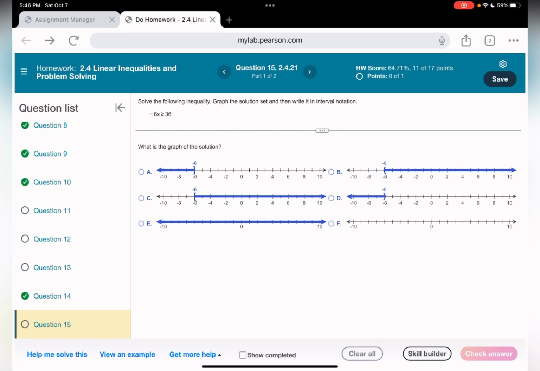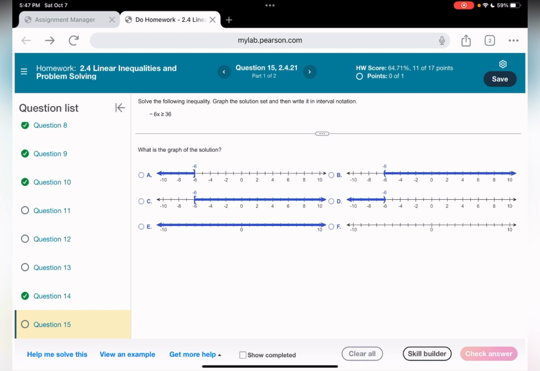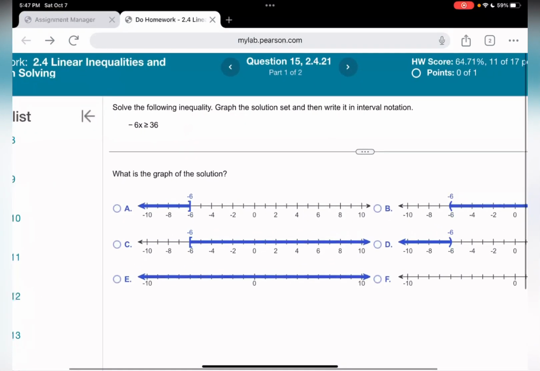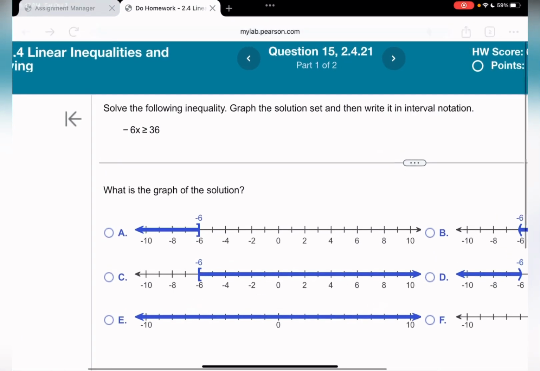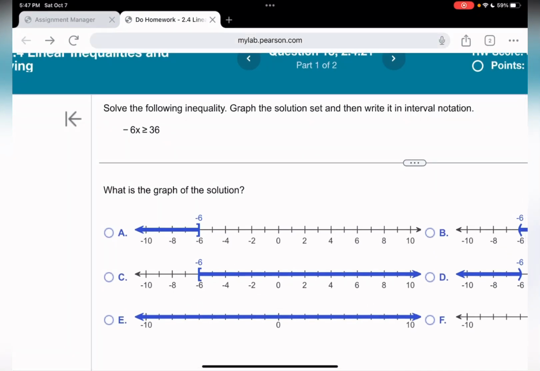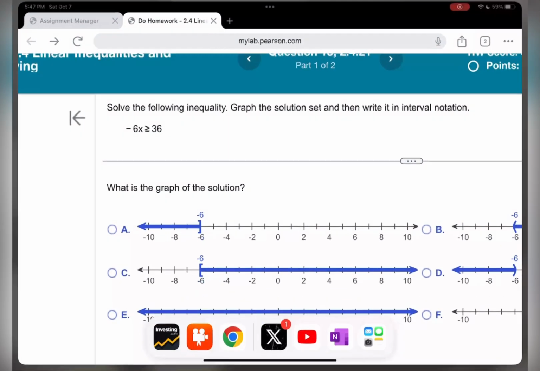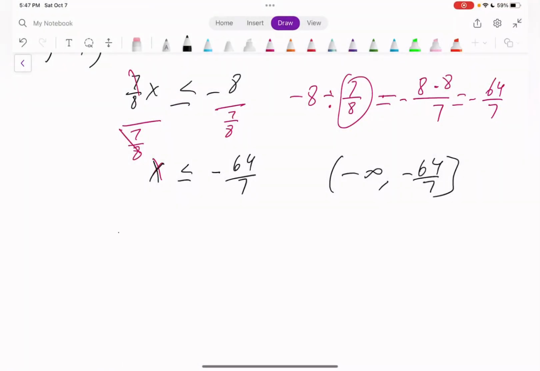So number 15, this one, finally. Negative 6x greater or equal 36. Let me solve this one. Remember carefully, every time in the case of inequality, when you divide by a negative number, it's going to flip your sign also.